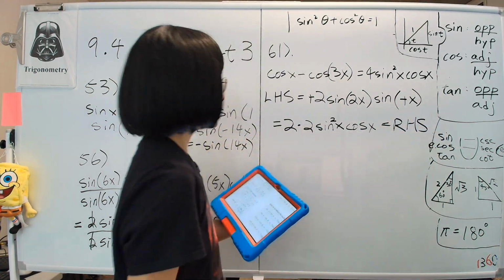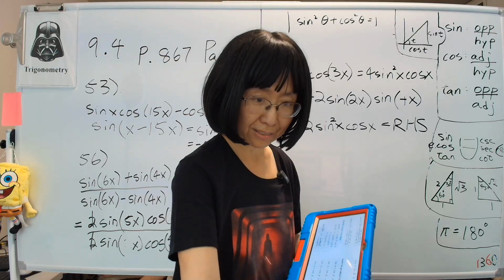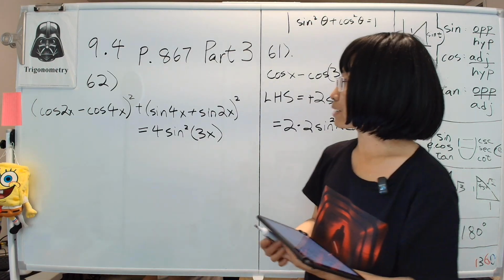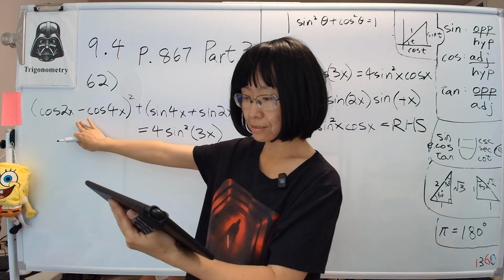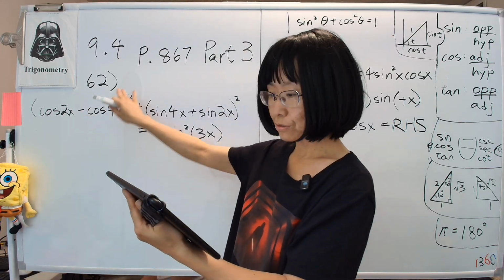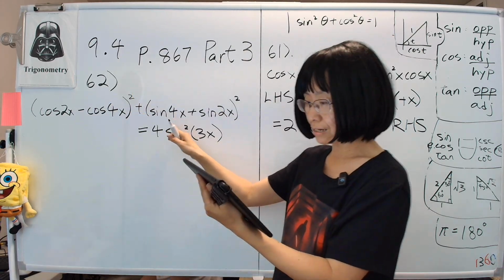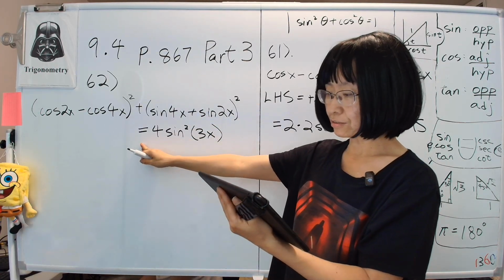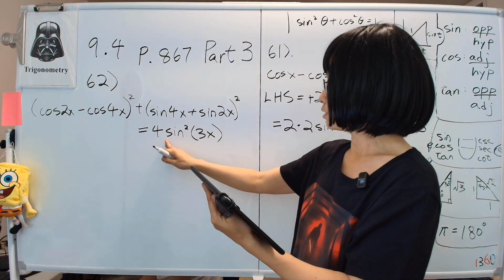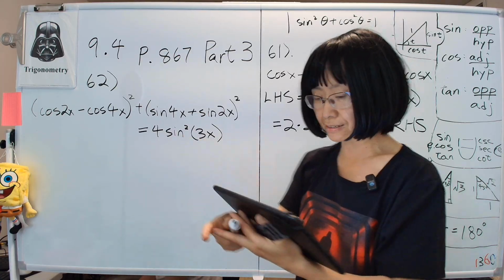So that's that for problem 61. Next, let's look at problem 62, where we have cosine of 2x minus cosine of 4x, squared, plus sine of 4x plus sine of 2x, squared, and to show that it equals 4 times sine squared 3x.